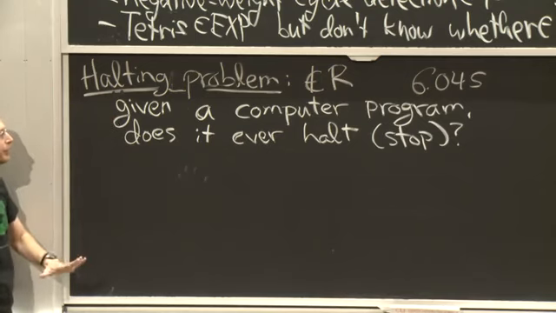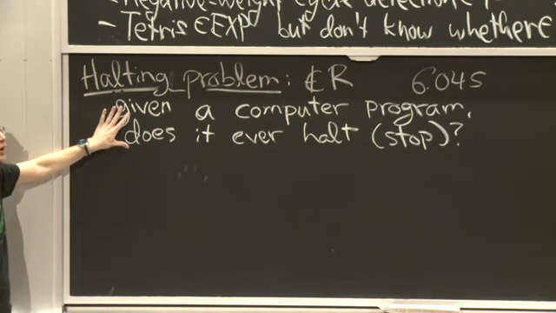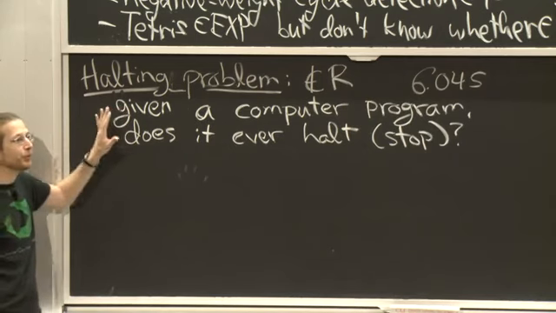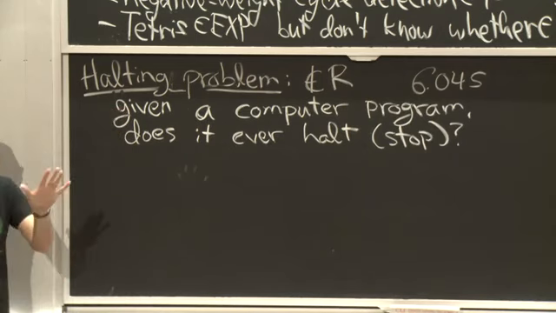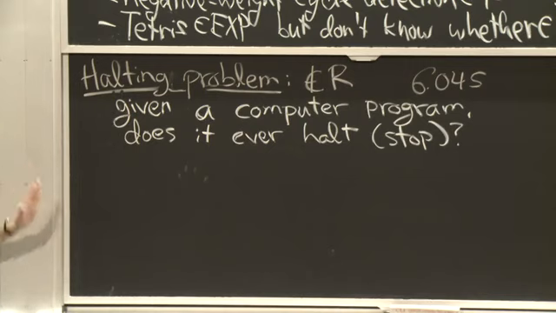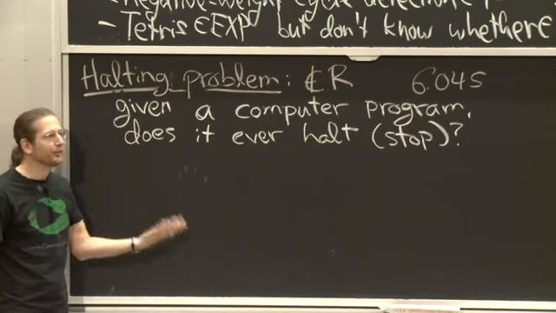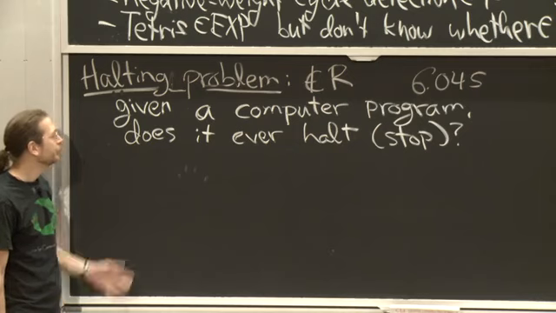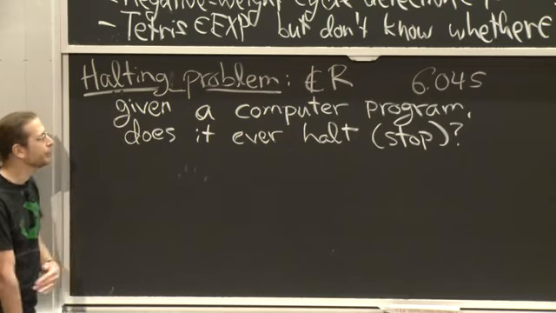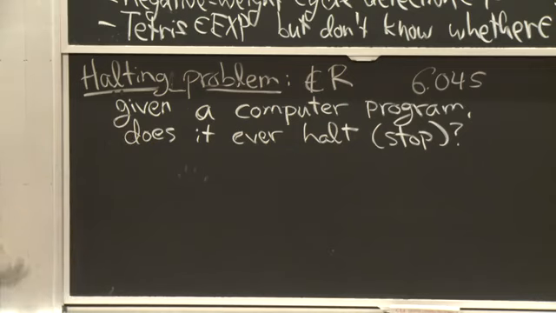There is no algorithm that solves all inputs to this problem. Maybe given one program that, say, has 0 lines of code, it could solve that. It says, yeah, that one terminates. And maybe you can detect simple kinds of infinite loops. So there are some computer programs that you could detect, but there's no one algorithm that solves all inputs.